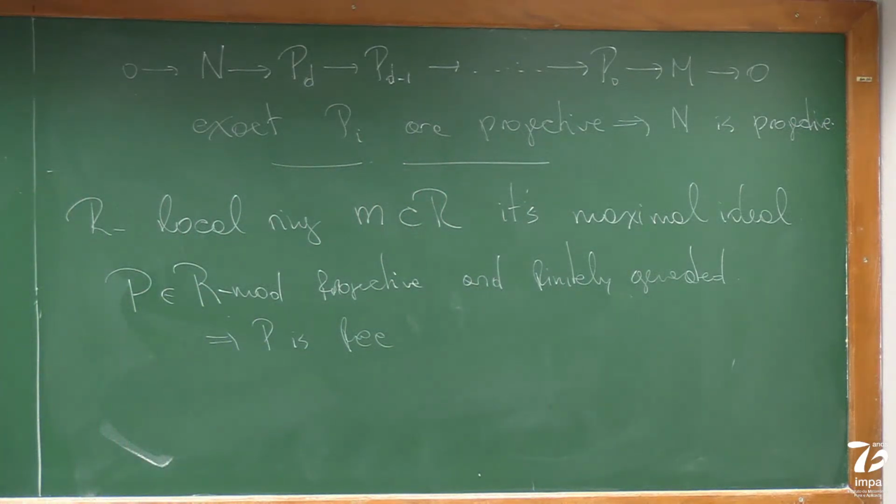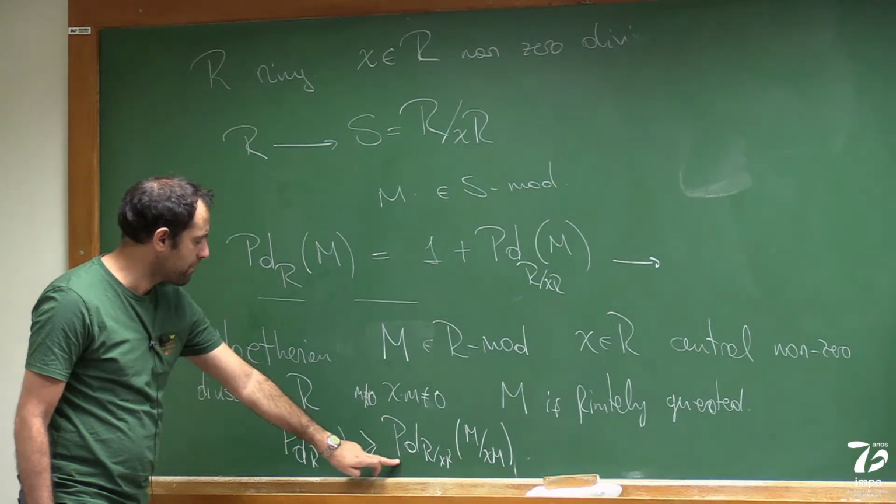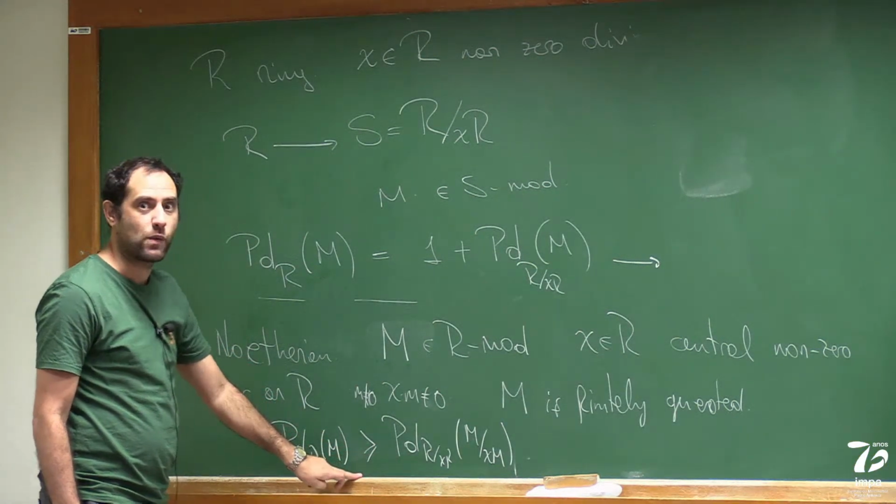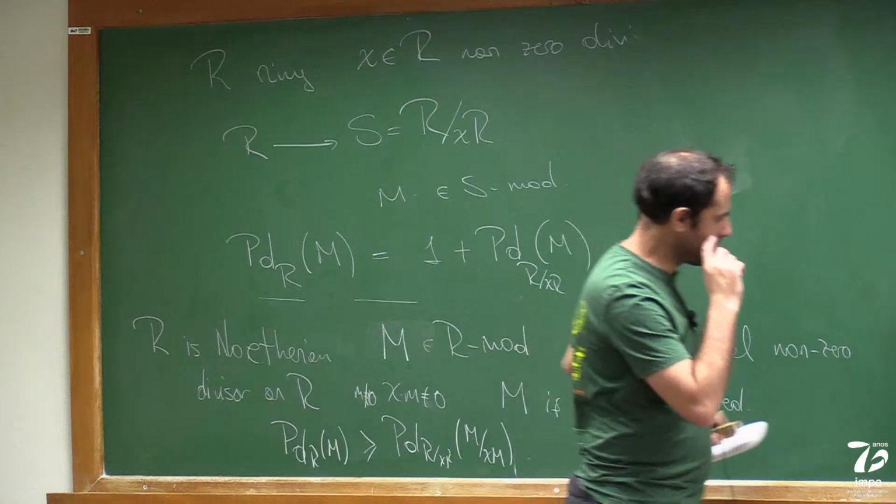So that's something we proved last time. Now we're going to prove a strengthening of this theorem, where instead of having an inequality, we're going to have an equality. And then we'll stop right there.